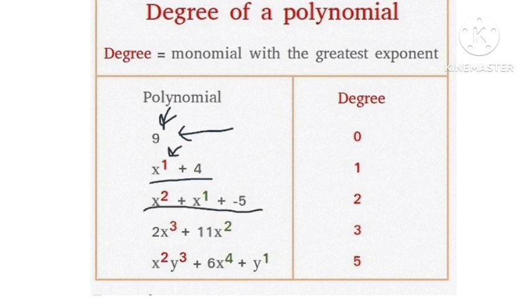Now for this one, we have to select the highest exponent for the degree of the polynomial. The highest one in this one is 2, so the degree of the polynomial is 2. Here you can see which one is the highest, 2x cube, so the degree of the polynomial is 3. Now here the highest degree of the polynomial is 5.